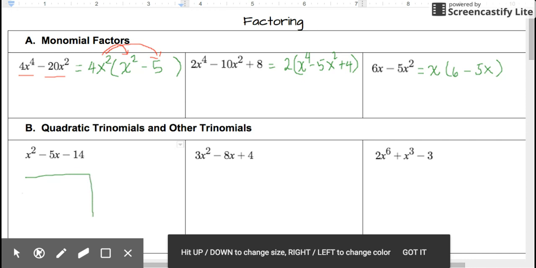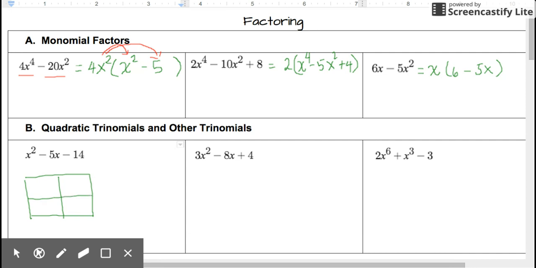So I need to have my rectangle here. X squared goes in this box, region 1. Negative 14 goes to region 4. And in our past exercises, we noticed that when we multiply x squared times negative 14, it is equal to the product of region 2 and region 3.